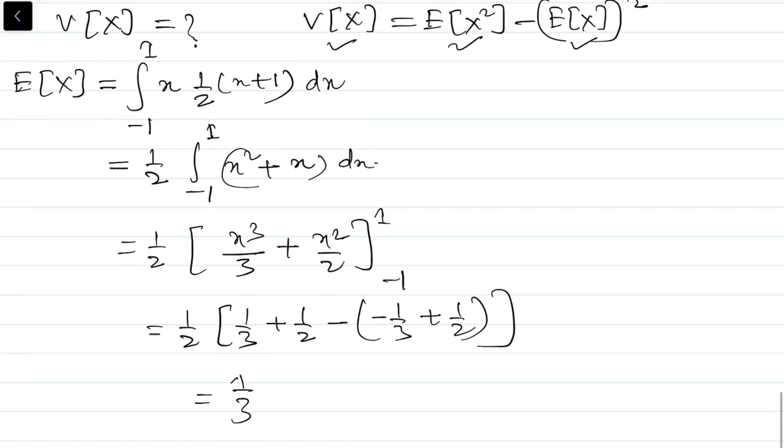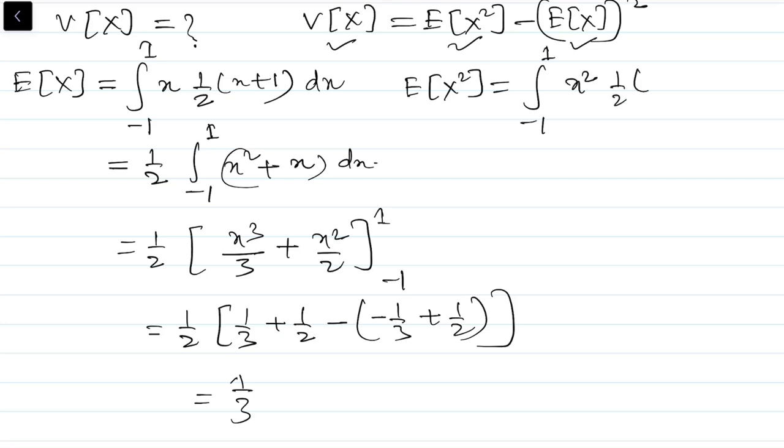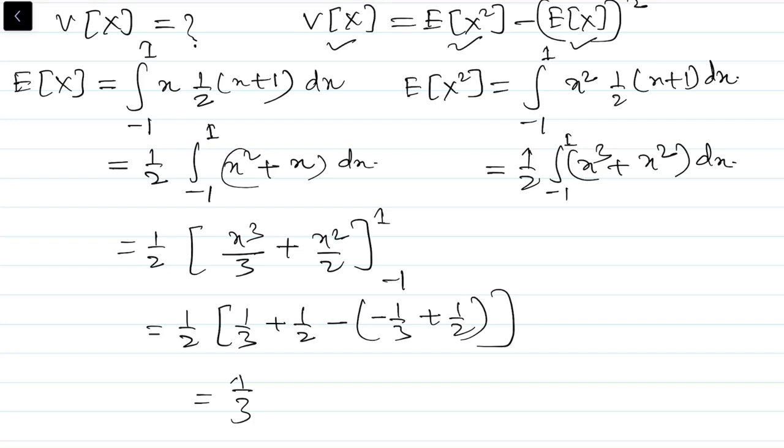Now we need to calculate expectation of x square. The expectation of x square is simply, we replace x with x square in the integration. The range will be the same, x square times half times (x plus 1), dx, right? We can bring half outside, and then multiply this x square inside the bracket. This is x cube plus x square, dx. So this is half times (x to the power 4 divided by 4 plus x to the power 3 divided by 3), from -1 to 1.